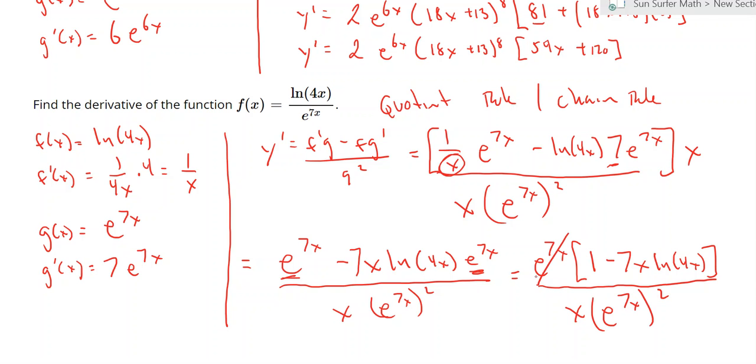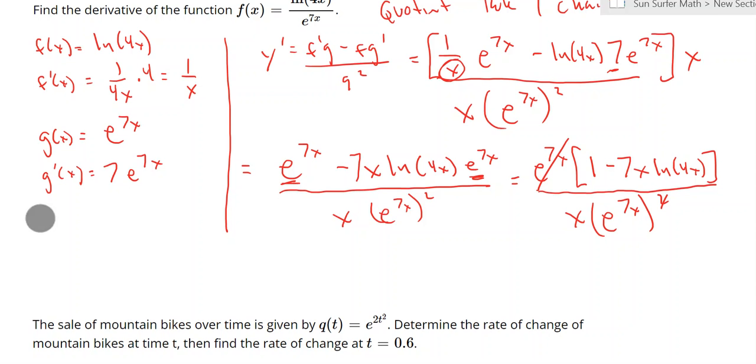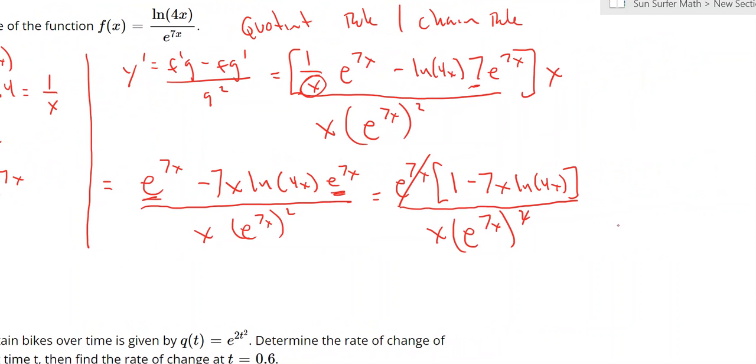And now this factor of e to the 7x cancels with one of these in the denominator. And that would leave me with 1 minus 7x log of 4x in the numerator, and in the denominator, x e to the 7x.